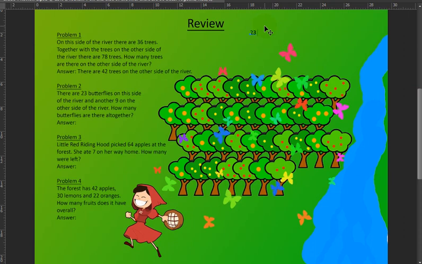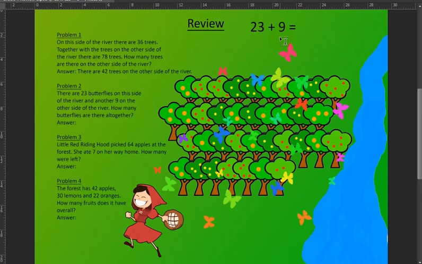We know that there are 23 on this side, and there are another 9 on the other side. And if we put them together, which means addition, we're going to find out how many there are overall. So I need to do 23 plus 9. Since I have 9 fingers, I can put 9 on my fingers and count forward from 23.